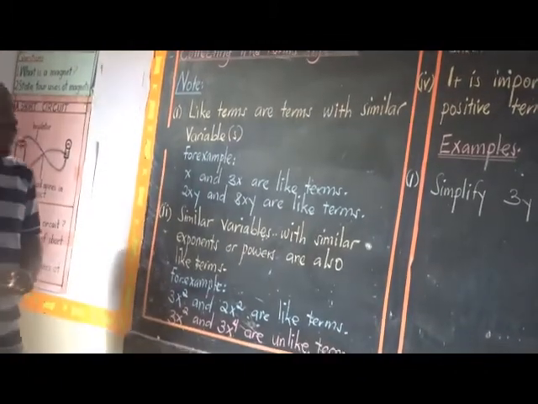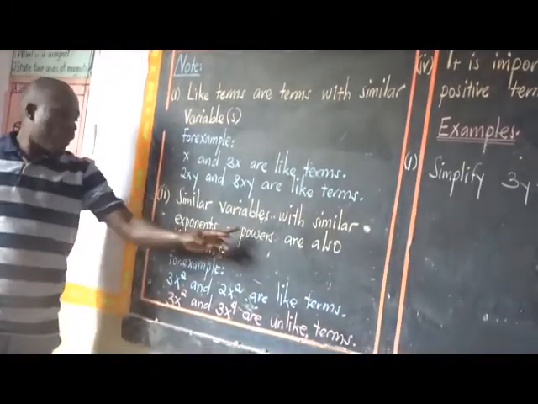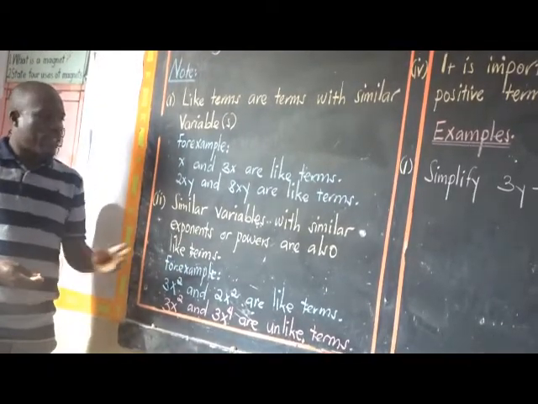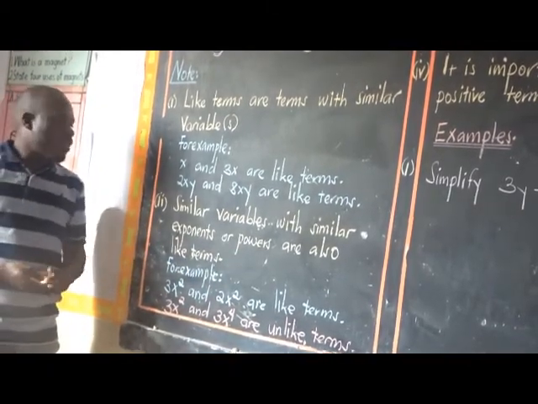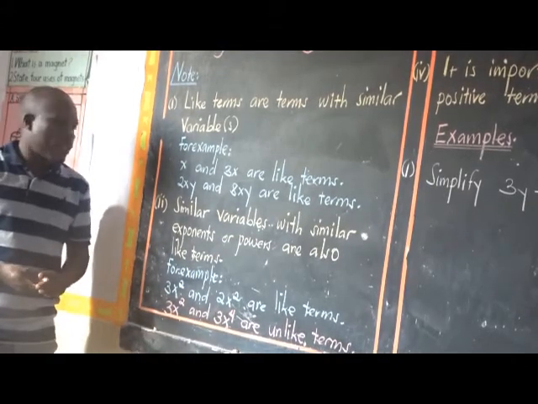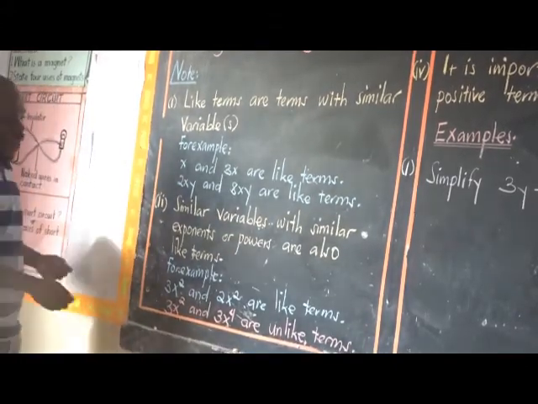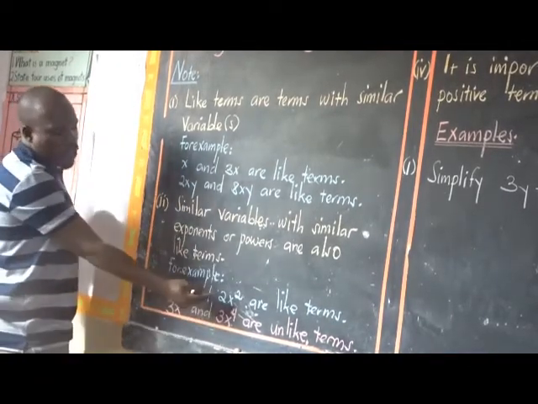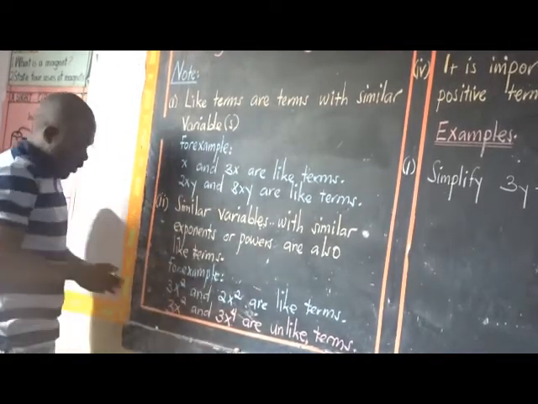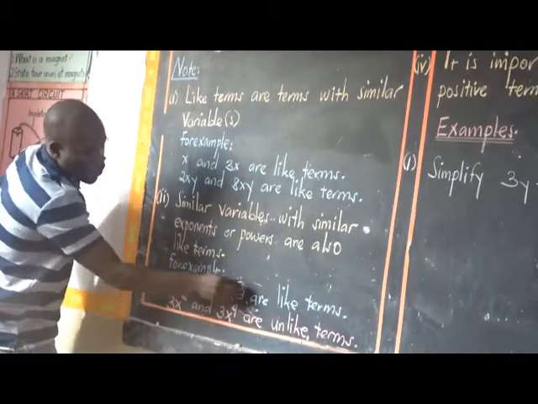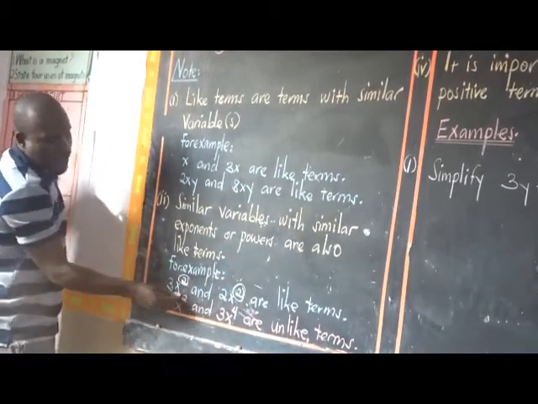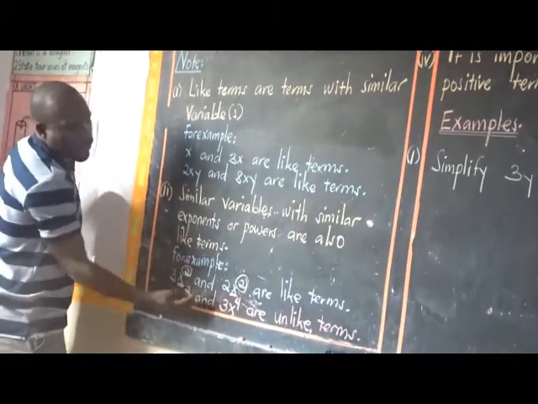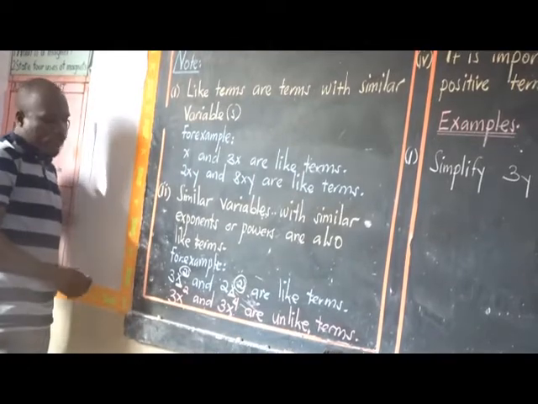We also say that similar variables with similar exponents, powers, or indices are also like terms. An example is 3x to power 2 and 2x to power 2. Because the power is the same and x is also the same, these ones are also like terms.